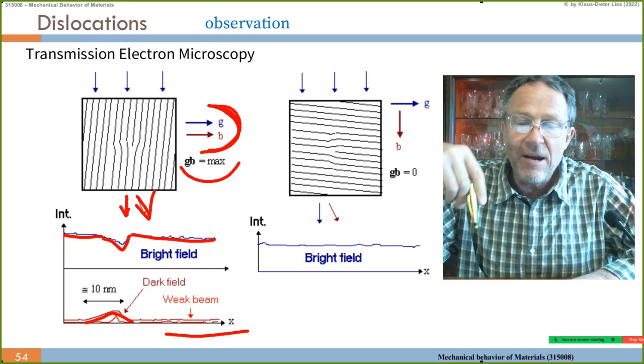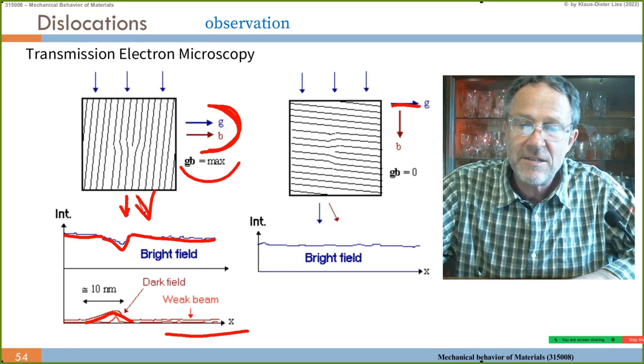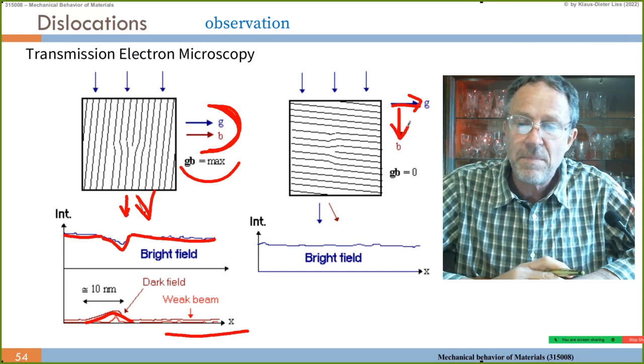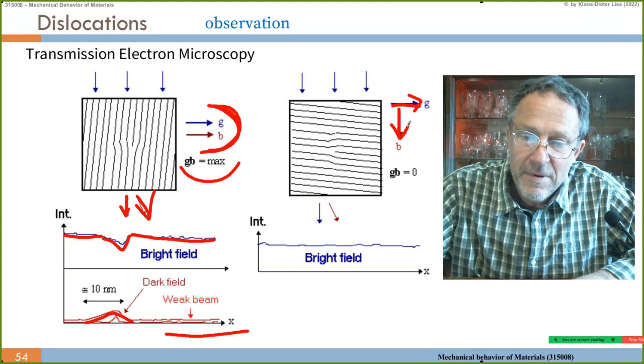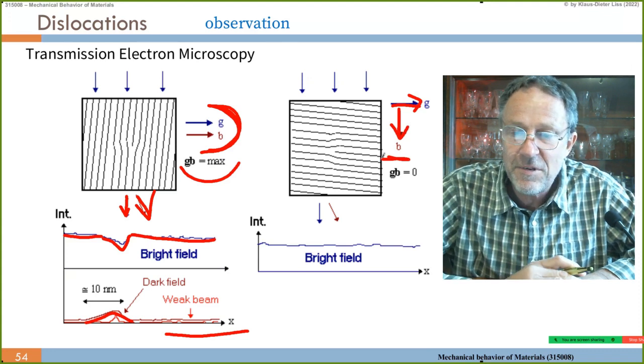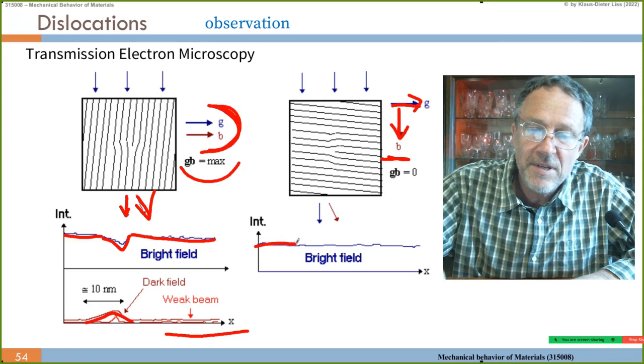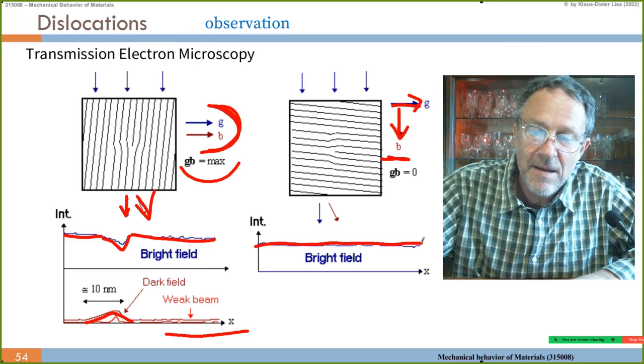If we turn the crystal so that the scattering vector g and the Burgers vector are perpendicular, as shown here with the extra plane inserted in the middle of the crystal, then in the bright field we don't get any contrast.